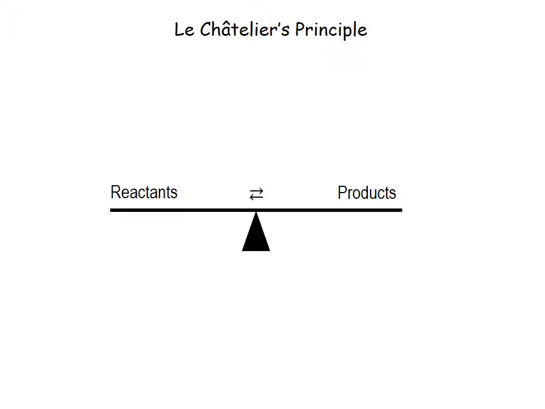So another popular way of showing Le Chatelier's principle is using a balance, like a balance beam, something like this where you have this fulcrum in the middle and you have reactants on one side and products on the other side. And once they're at equilibrium, you can think about that as sort of being balanced, right?